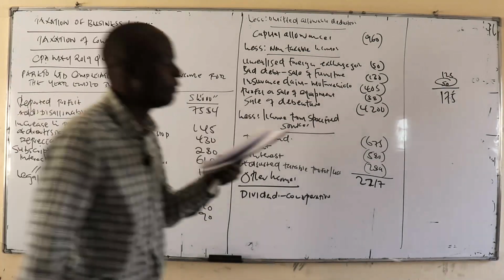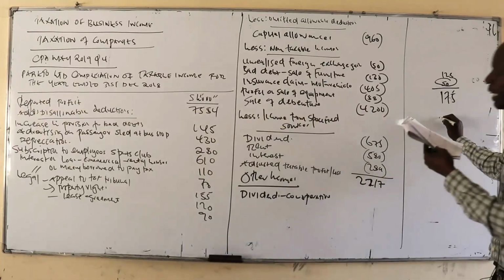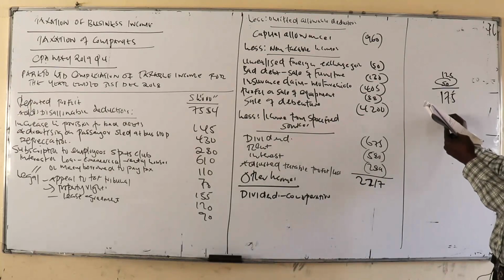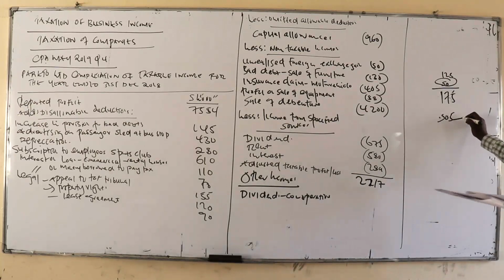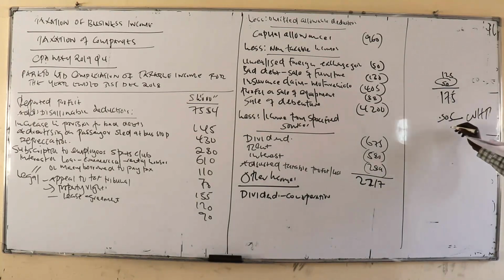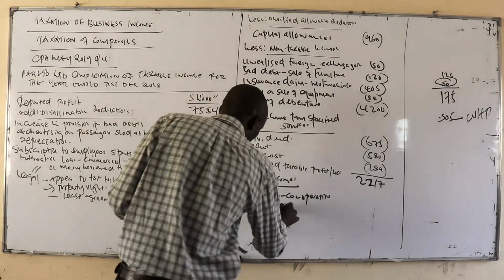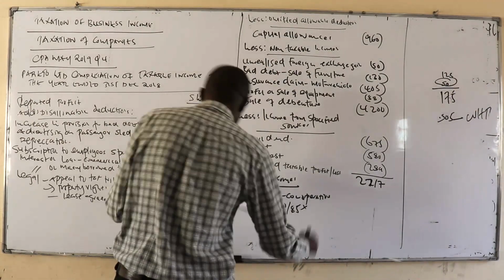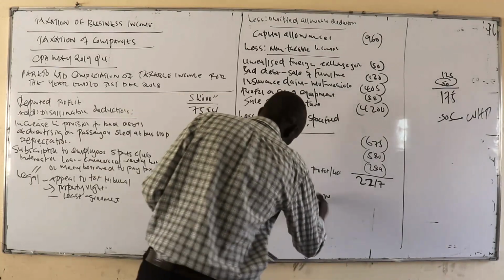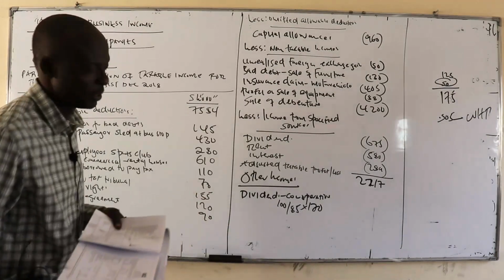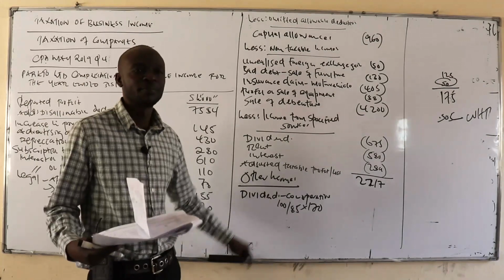You see, dividend is comprised of 2 items. Dividend from Beta Limited, which is 505. This one we are saying withholding tax is final. And the other one is 170. This one we're going to gross it. So we're going to say 100 over 85 times 170. We're going to determine the gross amount. Nani haelewi ile kitu tunasema hapa?